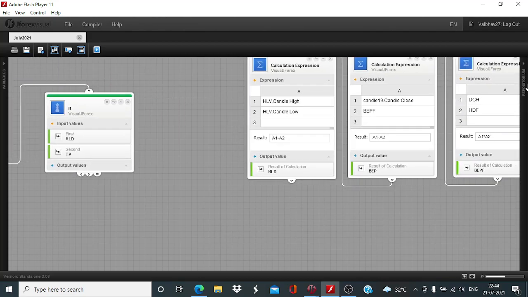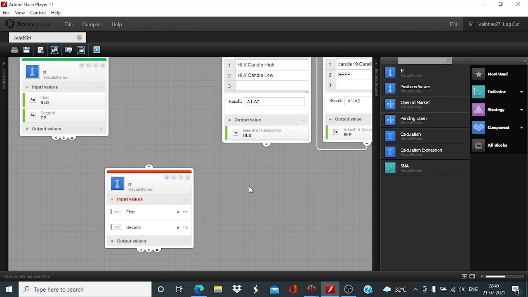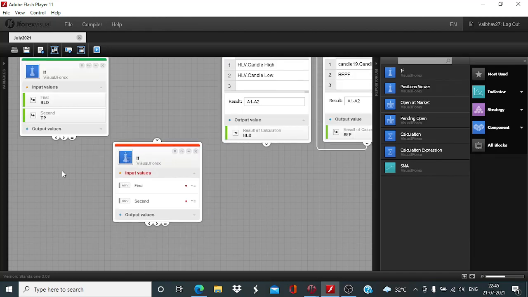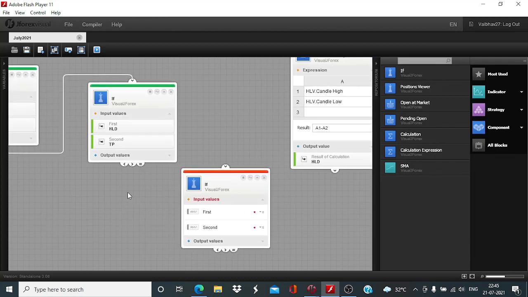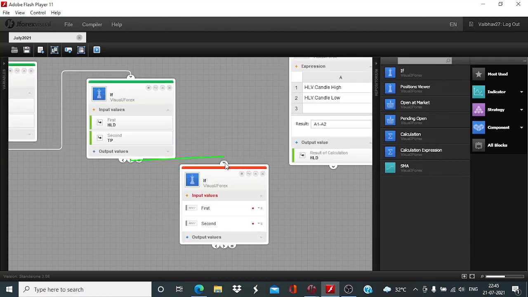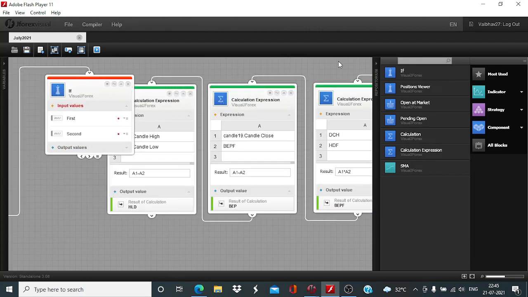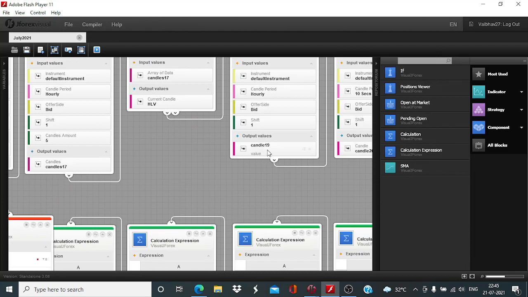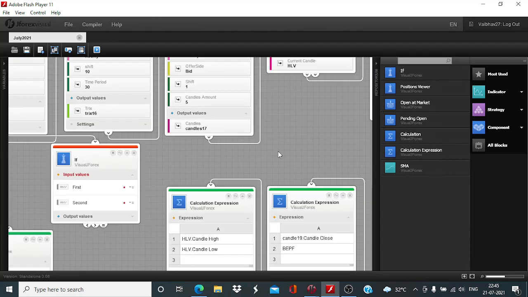Okay. After that, we will be checking whether the last hourly candle close is higher than the opening price or not. We need the last hourly candle to have closed with gains. We have to take candle 19's candle closing and opening values into consideration. Candle 19 is the hourly candle with the look back period of 1.